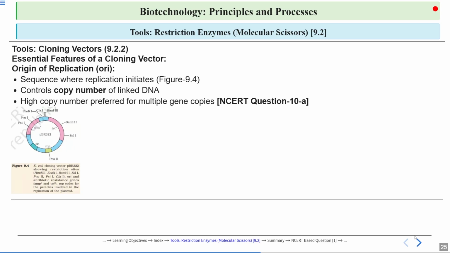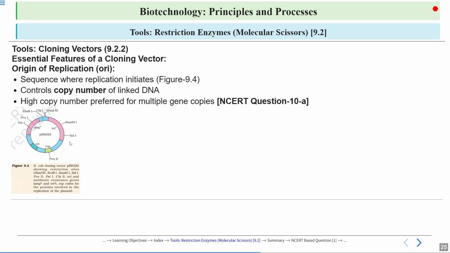Okay, it's again the same thing that I have told, but with the picture. So I will explain it quickly: this is the cloning vector pBR322. This is an artificial cloning vector, and you should note this in your keynotes. Here you can see the different recognition sites for different restriction enzymes.